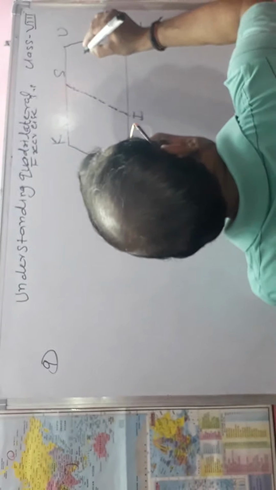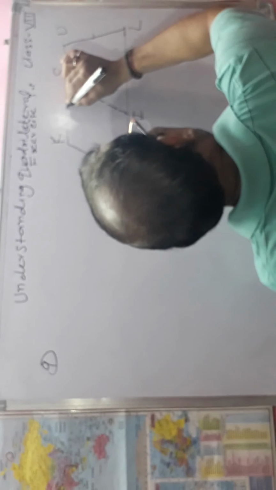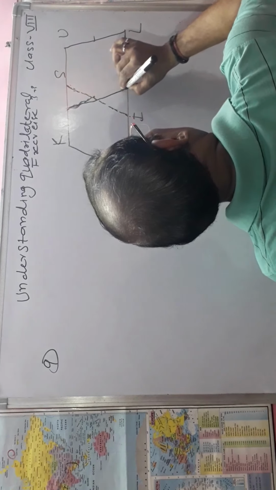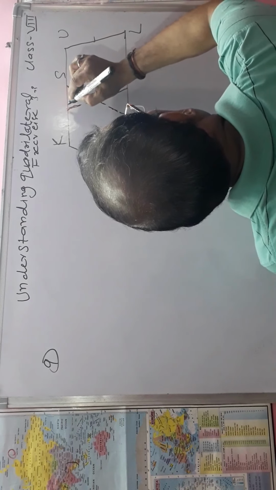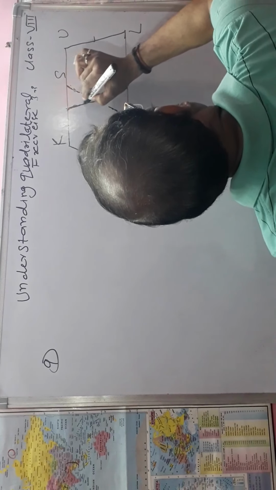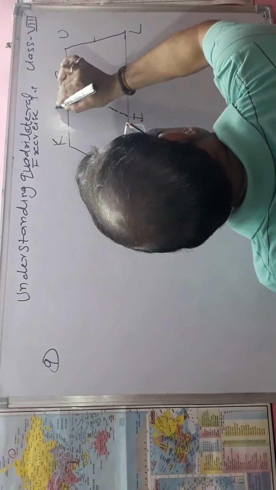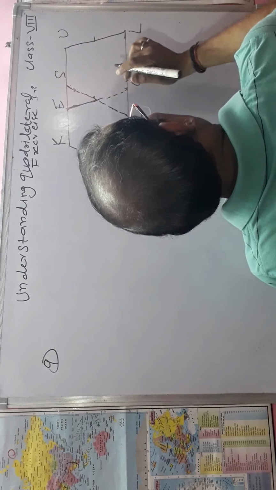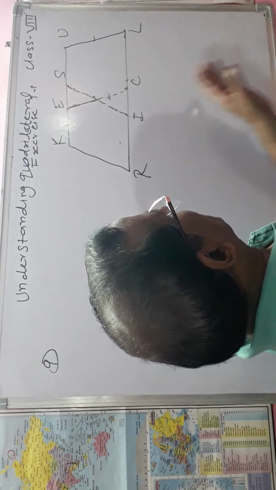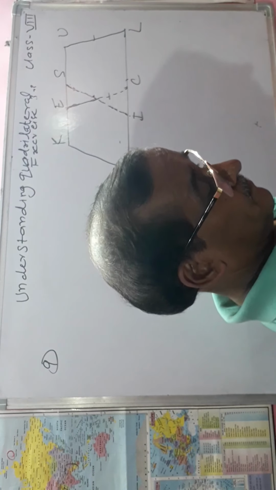Now we have to draw a parallel line. We have drawn a parallel line EC, which is parallel to UL. So there are two parallelograms in this figure.